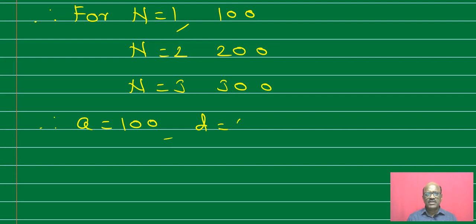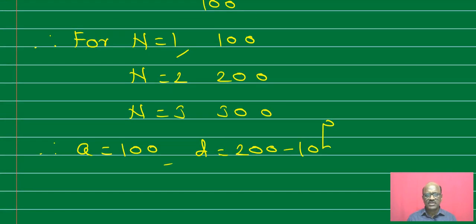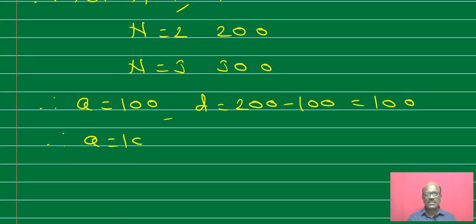A is equal to 100, D is equal to also 100, 200 minus 100, that is 100. A is equal to 100, D is equal to 100, N is equal to 20.